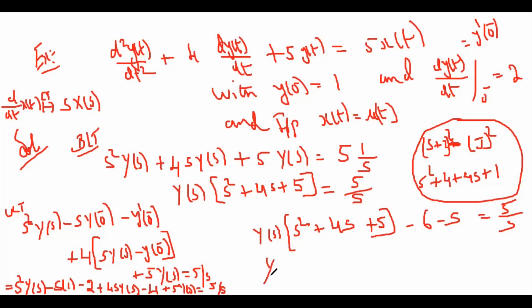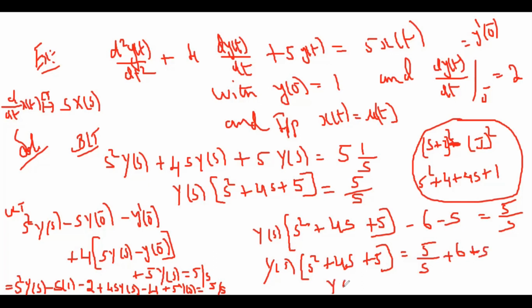Then what is y of s here? The y of s is equal to, taking this to the right side, s square plus 4s plus 5 is equal to, minus 2 minus 4 is minus 6, the 5 by s minus minus 6 becomes plus 6 here, and minus s becomes plus s.